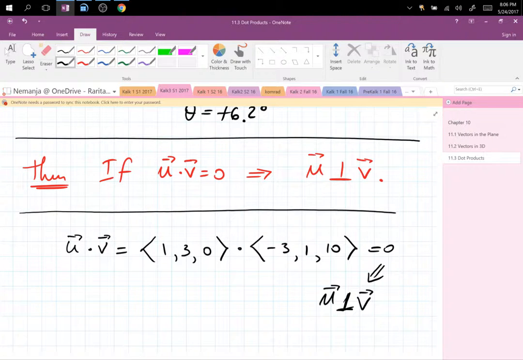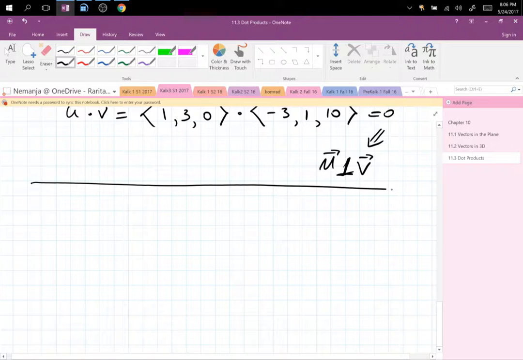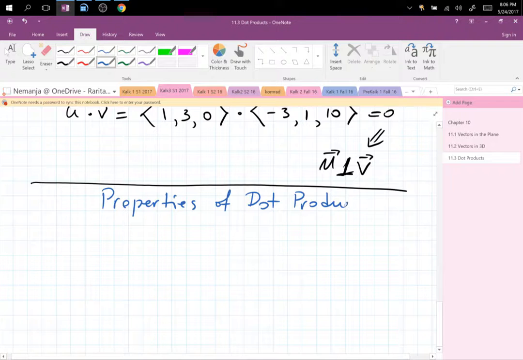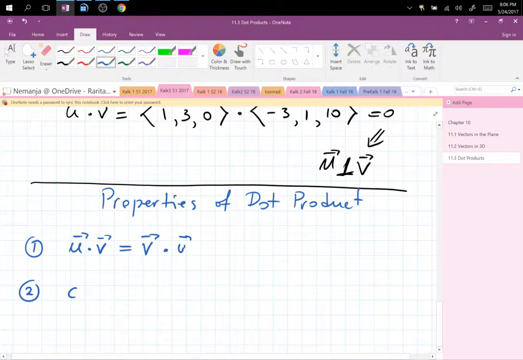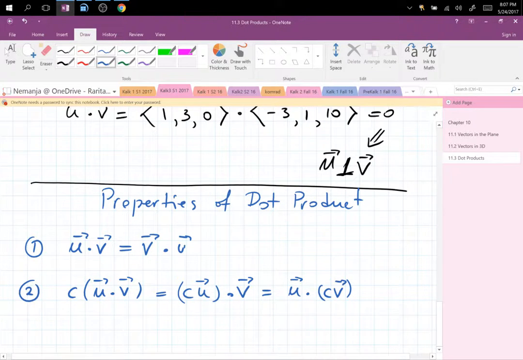We have some properties of that product. Number one, it's commutative. Number two, we have associative property. c is a constant, obviously.